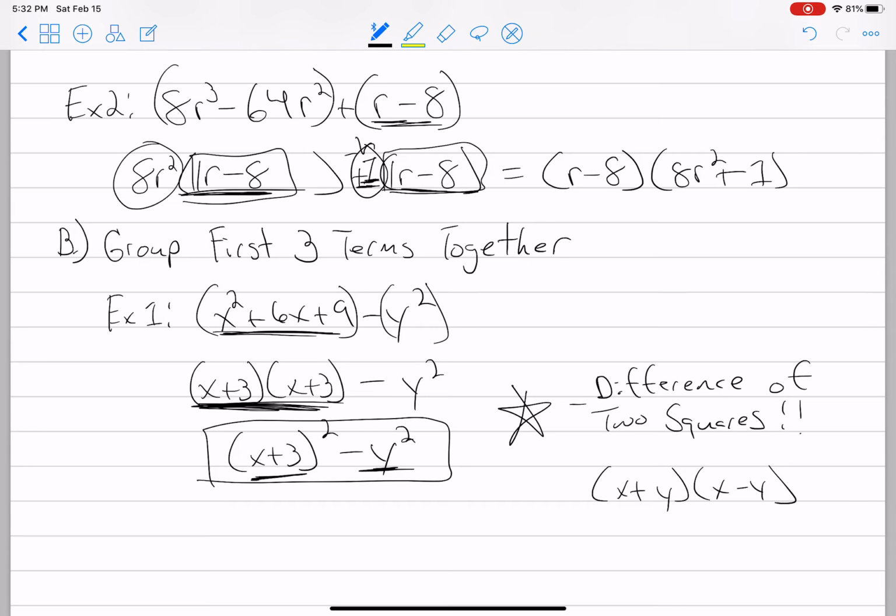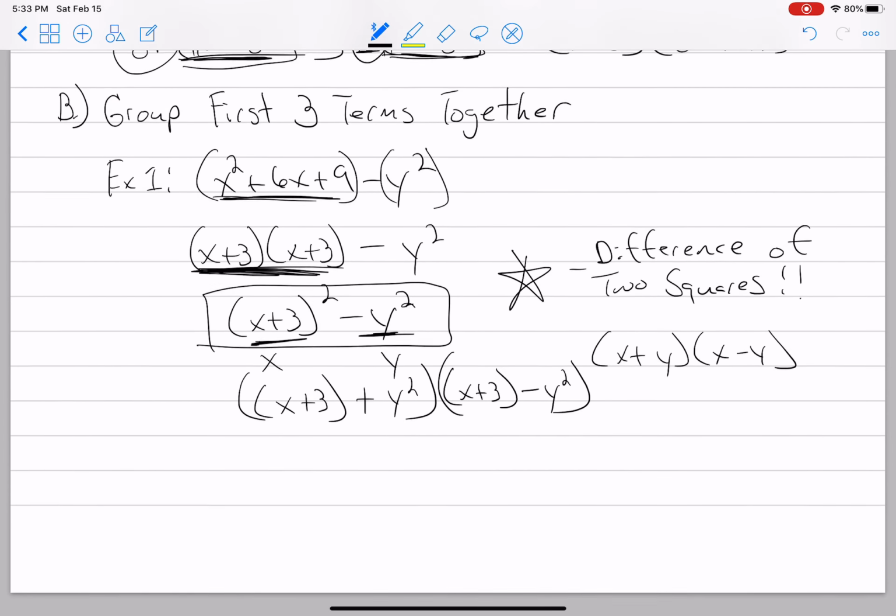So in this case, where this is x plus 3 and this is y, this is going to be x plus 3 plus y, that's one set of it, times x plus 3 minus y. So I have now fully factored it because it's a difference of two squares. So x plus 3 plus y times x plus 3 minus y.